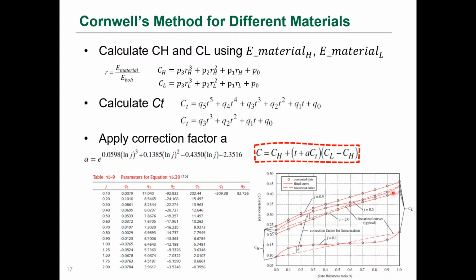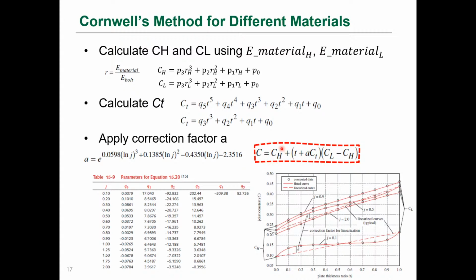That's described by here, and you can see that the computed data in the fitted curve don't fully line up with this line fit, and so what's used is this correction factor. Okay, so you can use this correction factor and then plug it into this equation.